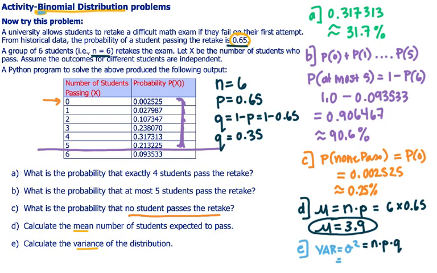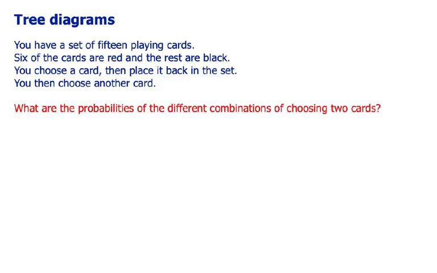I'll plug in those numbers, 6 times a 65% chance of success and a 35% chance of failure, and we'll get that the variance is 1.365 in this case.